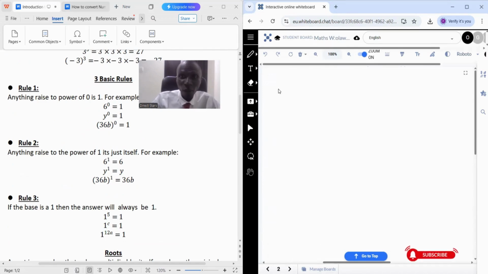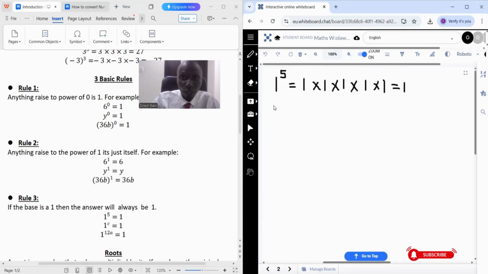So if we have 1 raised to the power 5, you can still have 1 raised to the power 5 to be 1 times 1 times 1 times 1 times 1 in 5 places. We're going to have this give us 1, because no matter how you multiply the 1 by itself, you are going to have 1 back as the answer. So if you have the base to be 1, then it's always 1.